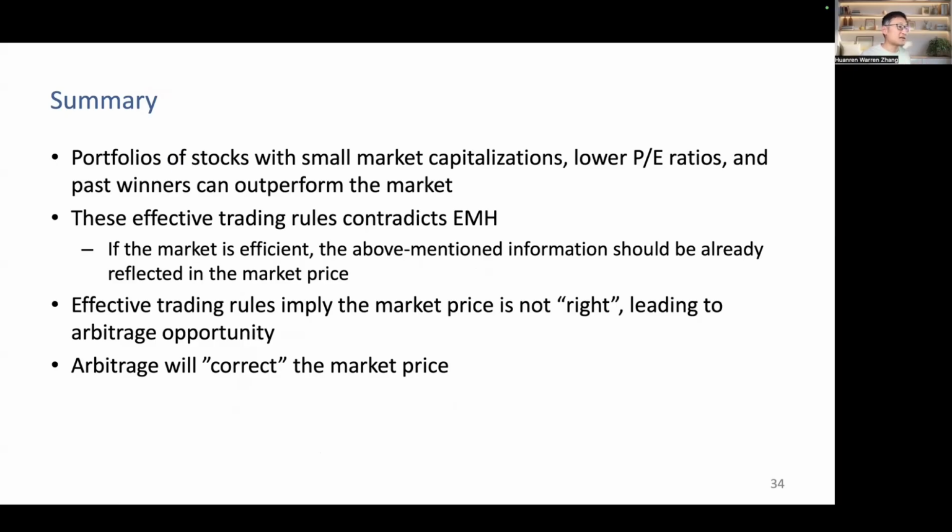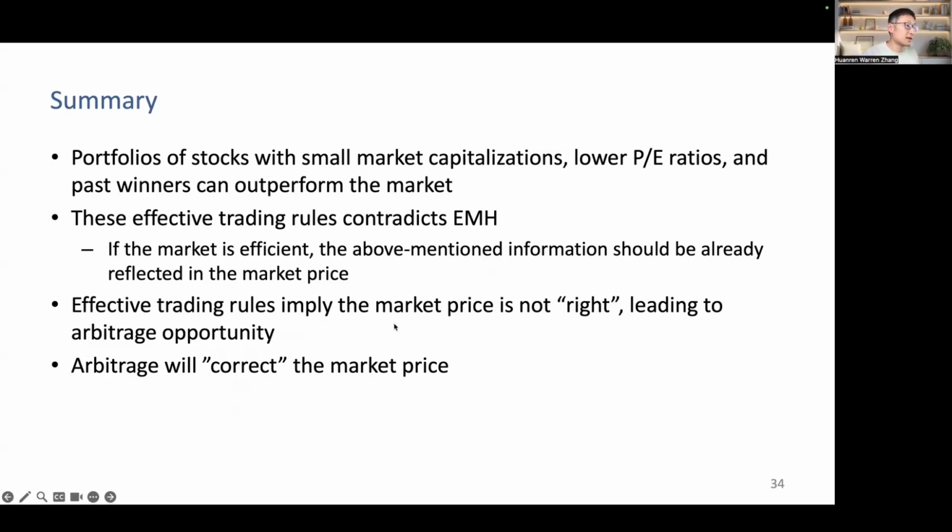These effective trading strategies and trading rules contradict the efficient market hypothesis. If the market is efficient, then the above-mentioned information should already be reflected in the market price. That means we are not able to employ these trading strategies to earn a higher return than the market return.